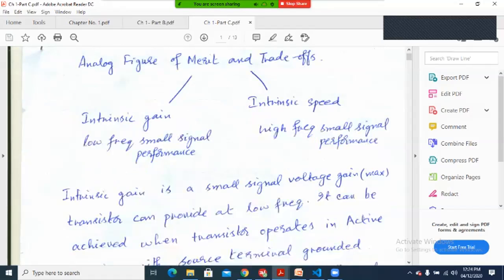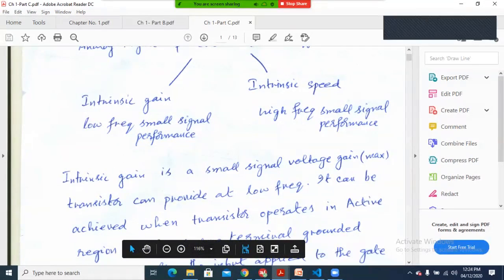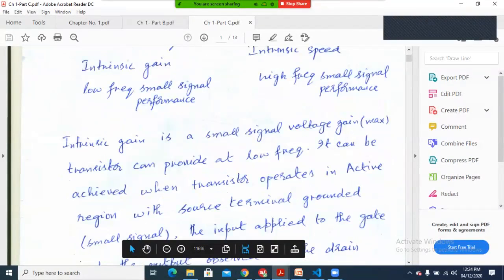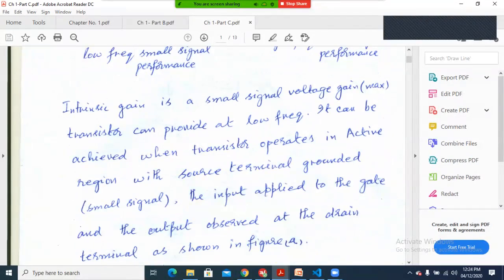So in fact, intrinsic gain is the small signal voltage gain a transistor can provide at low frequency. This can be achieved in the active region of the transistor, and in this region, we have the common source configuration, where the source is grounded.